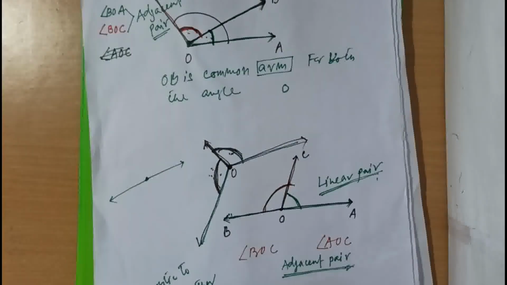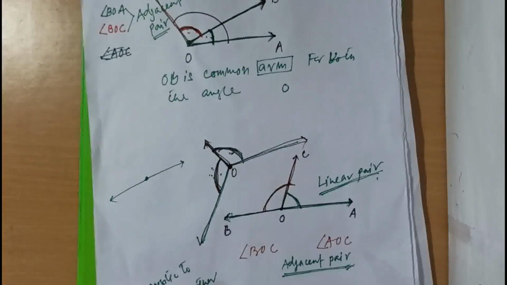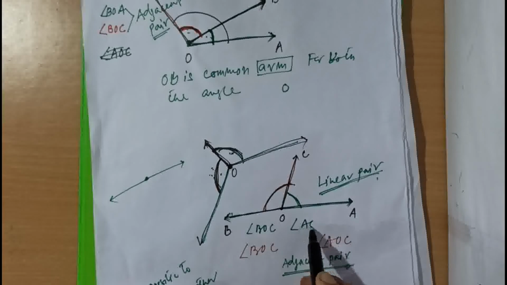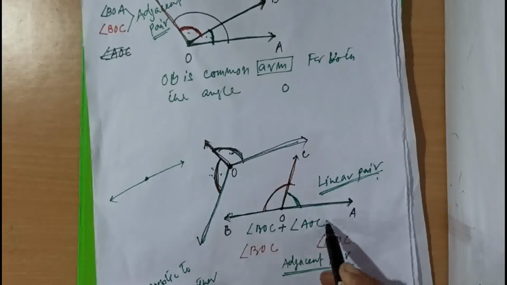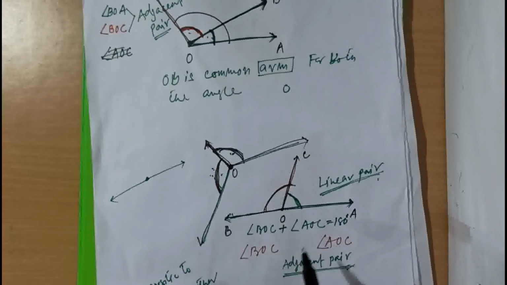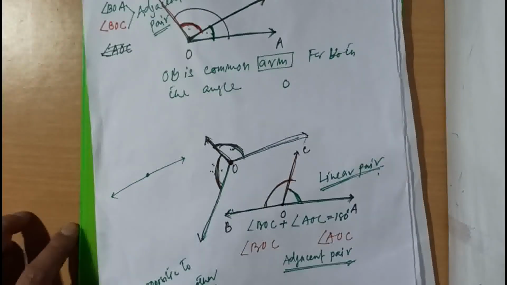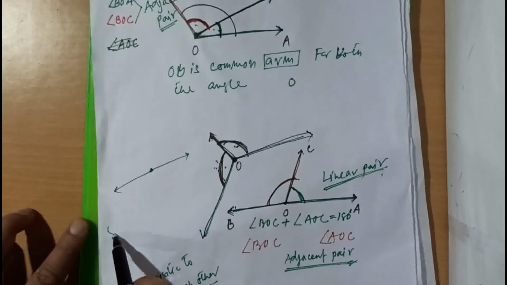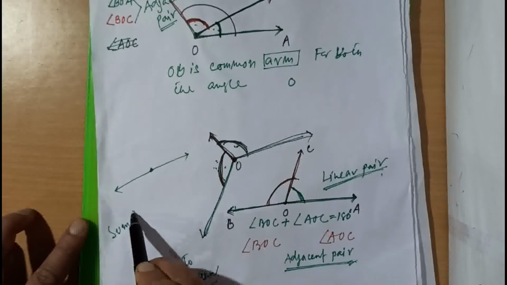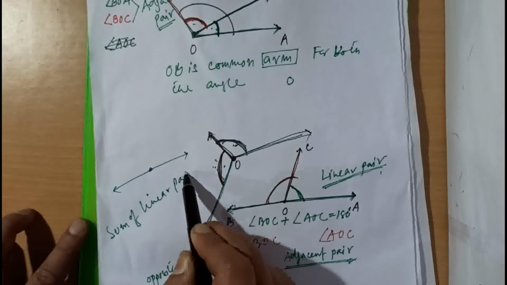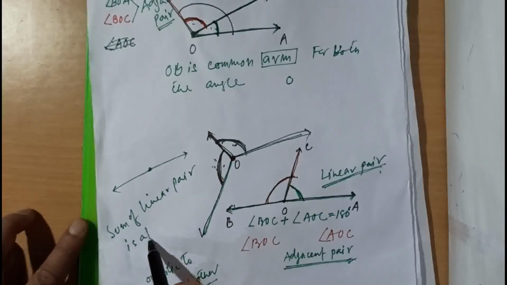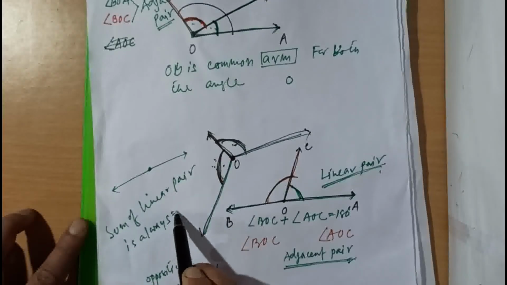And one more thing, in this linear pair there are two angles. If I write the names of the angles, angle BOC and angle AOC, whenever you add these two angles, this will always give you 180 degrees. That is, the sum of a linear pair is always 180 degrees.